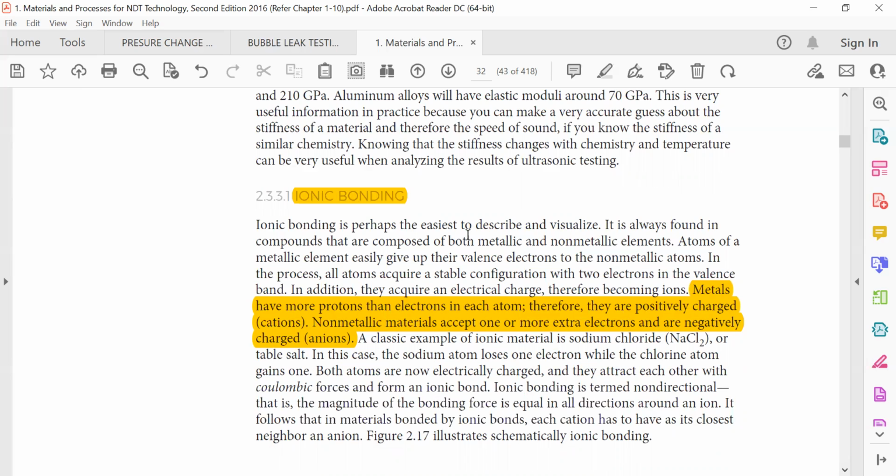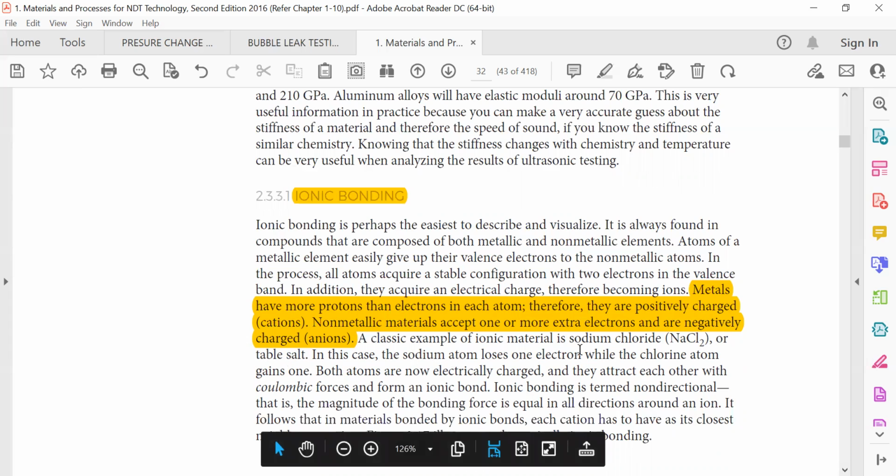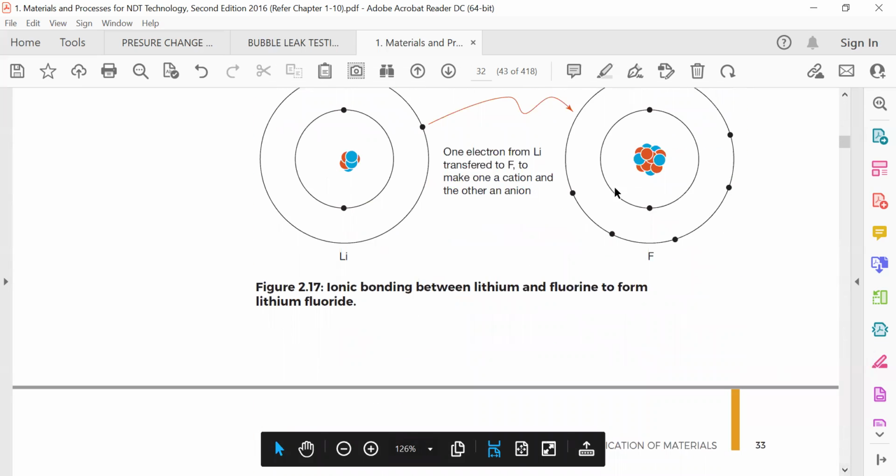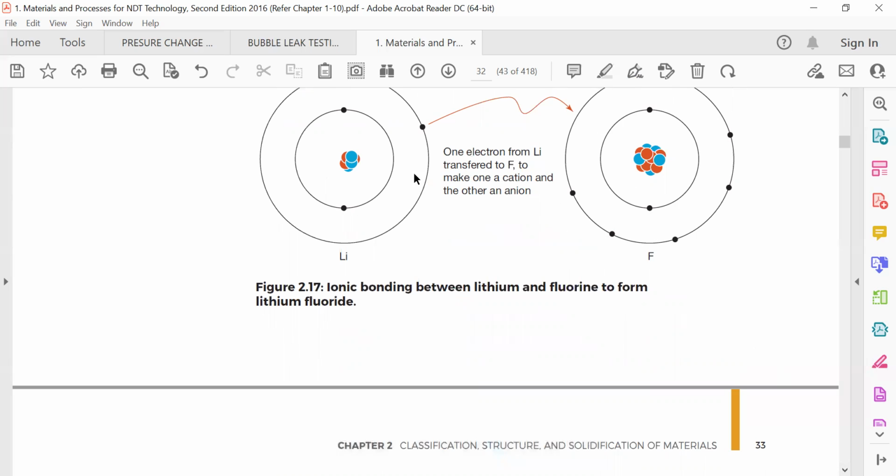In the table salt, the sodium atom loses one electron while the chlorine atom gains one. So there is an ionic bond. The first shell is 2, then 8, and 8. If it is less than 8, then it is unstable.